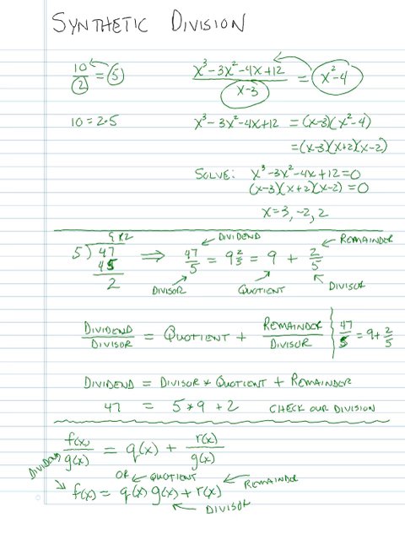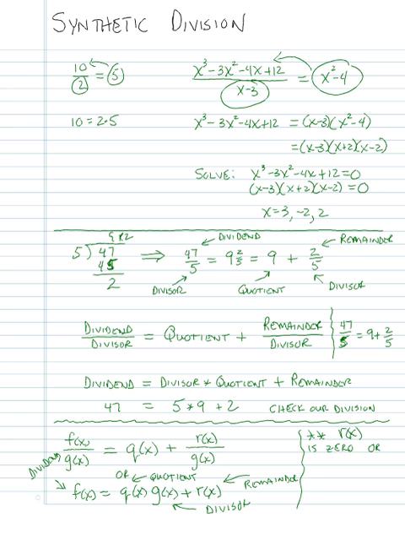Now, let's make a note here about the remainder, r of x. Well, above, when we're dealing with numbers, the remainder is a number that's less than the divisor, isn't it? Or it could be 0, okay? 0 or less than the divisor. When we're dealing with polynomials, the remainder is either 0 or, now we're talking about polynomials here, the remainder could be a number or a polynomial that has degree less than what we were dividing by.